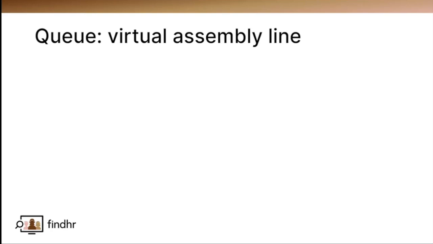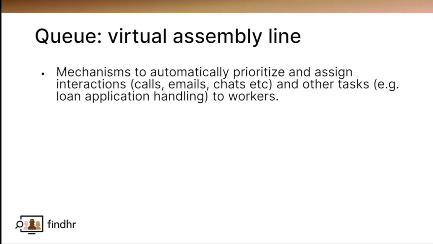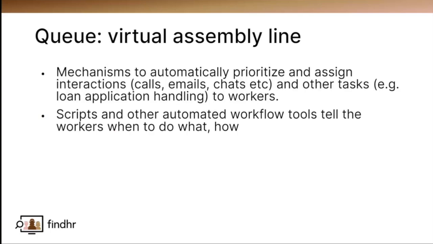So the queue is the virtual assembly line. It's the calls that are queued up for each worker. And there, this Genesys software provides mechanisms to automatically prioritize and assign interactions, so calls, emails, chats, and other tasks, to workers. So you have an automatic list of tasks, and the next thing that you're going to do is always automatically assigned.